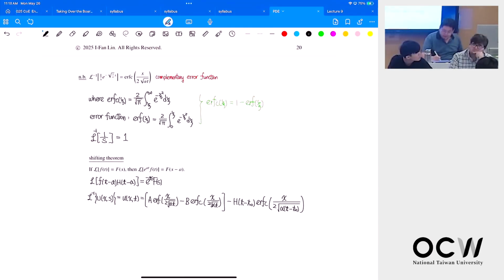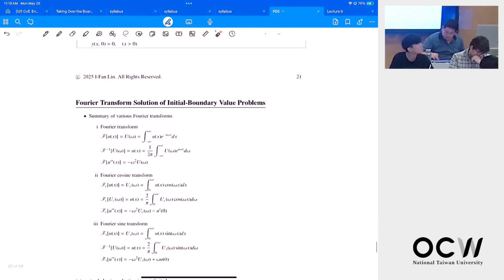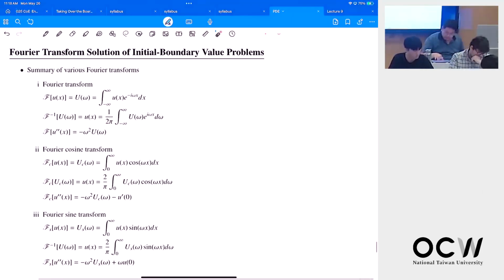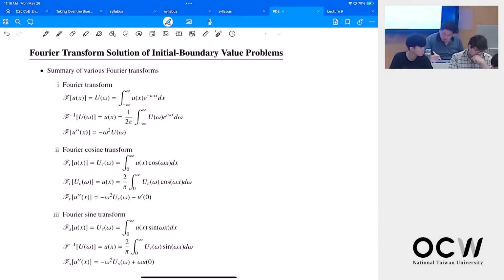All right, let's see another method using the Fourier transform to find the solution. So here, the Fourier transform solution with the initial boundary value problems. Here, let's just have a review.